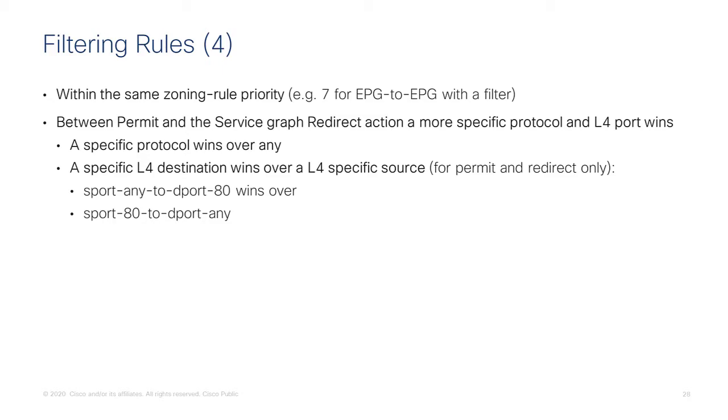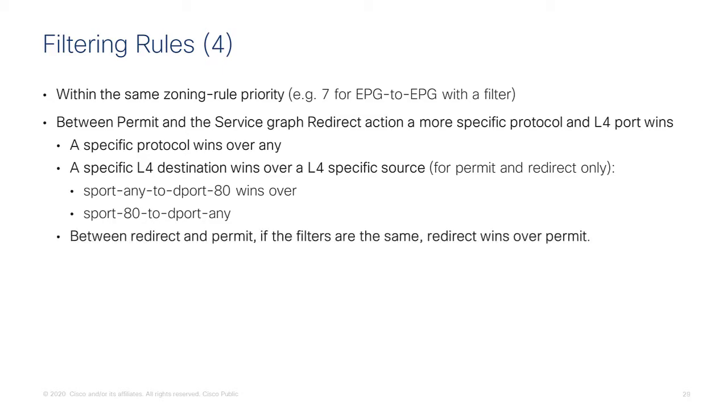And for the case of rules with source port any and destination port specified or vice versa, the specific priority is that the destination layer 4 port wins, has more priority than a rule with the source port defined and not the destination port.